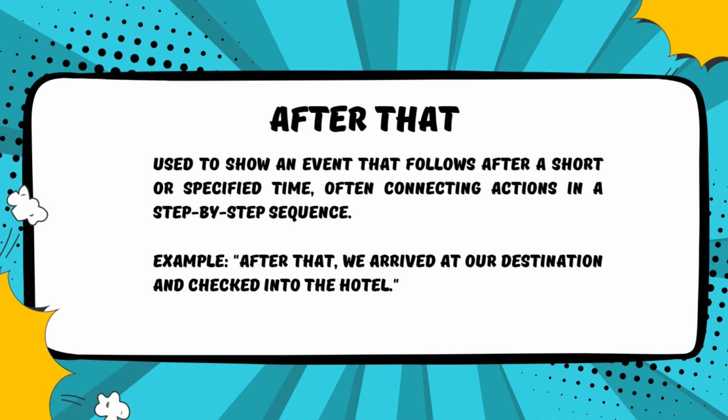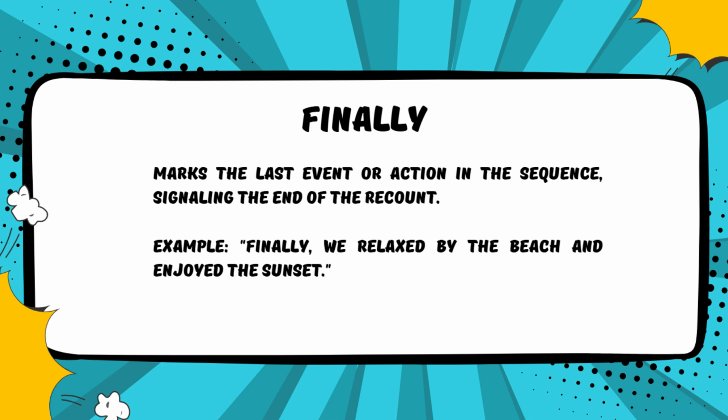Then last but not least, we have finally. Finally is used to show the last event or action in the sequence. It tells the reader that this is the conclusion or the end of the recount text.